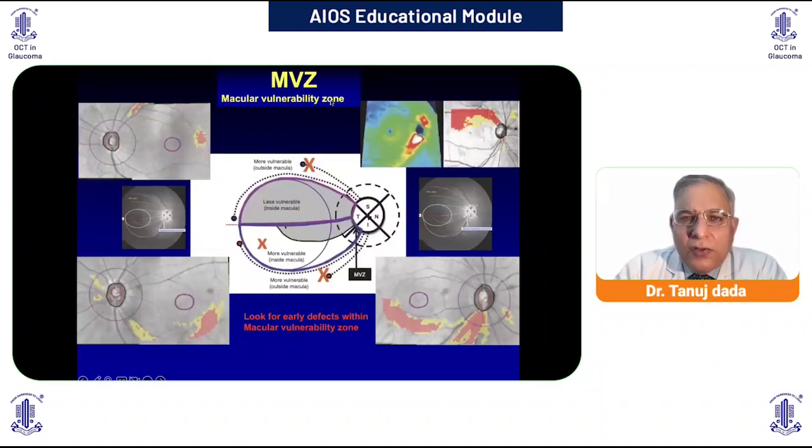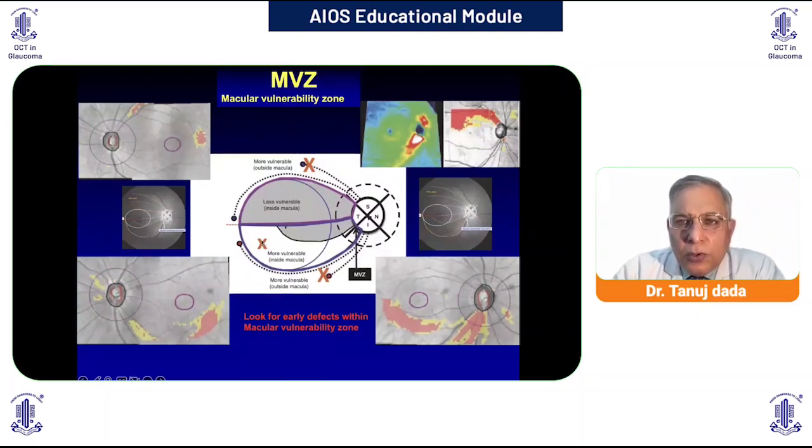So you are aware of the normal anatomy that the superior macular fibers go directly to the temporal part of the optic nerve, but fibers from the superior part of the macula and the inferior part of the macula, inferiorly they will go towards the inferior temporal part of the disc, and superiorly they will go to the superior temporal part of the disc. So this inferior temporal zone inside the macula is known as the most vulnerable zone, and this is the macular vulnerability zone.